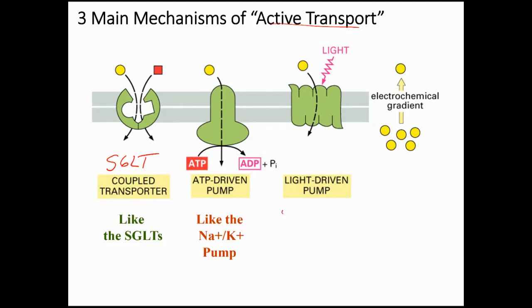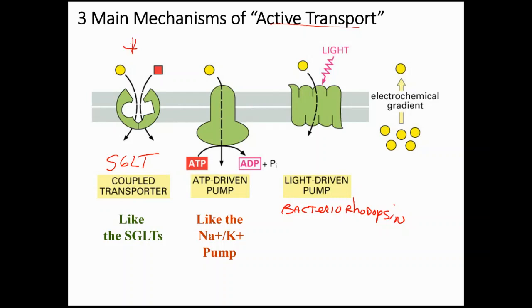Light-driven pumps like bacteriorhodopsin, which is found in certain photosynthetic bacteria that can use solar energy to pump hydrogen protons across the plasma membrane. So those are the three major mechanisms of active transport.